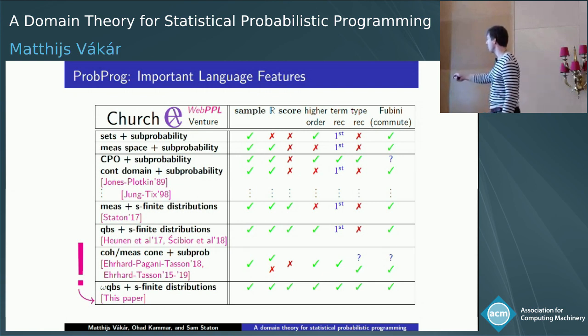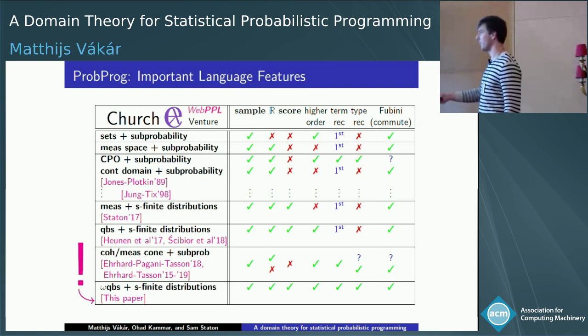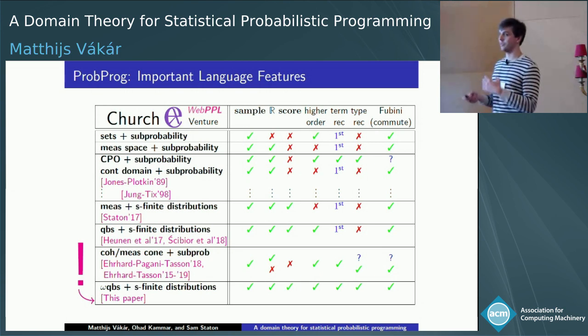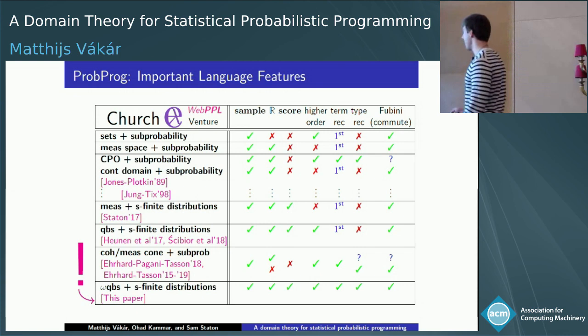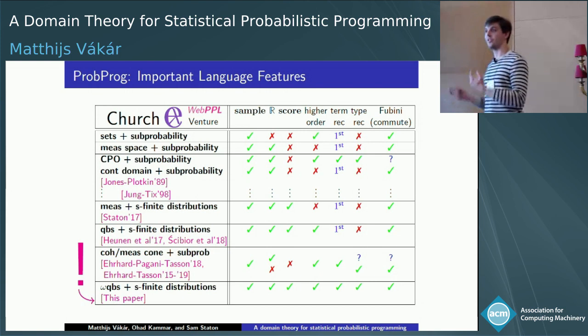So this started a whole search summarized by Jung and Tix for a Cartesian closed category of continuous domains with a commutative probability monad. Well, we're not quite solving that problem because we don't give a category of continuous domains, but we are modeling all these language features that we're asking for.